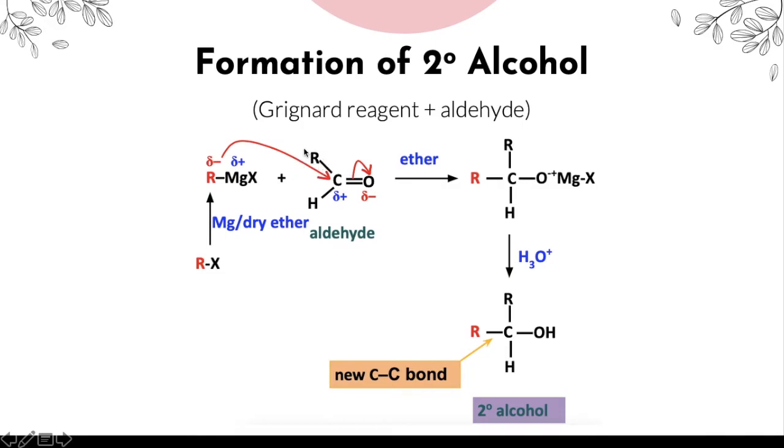So the mechanism is the same as for primary alcohol, but this carbon has one R group. The product will be secondary alcohol because this carbon is attached to 2 more carbons, making this compound secondary alcohol.